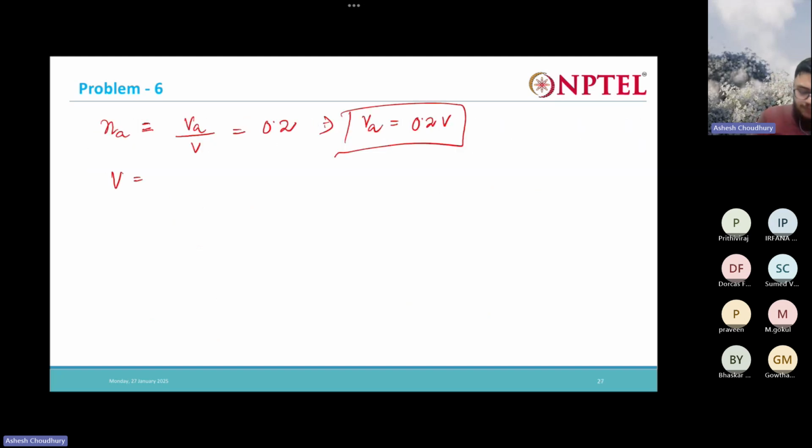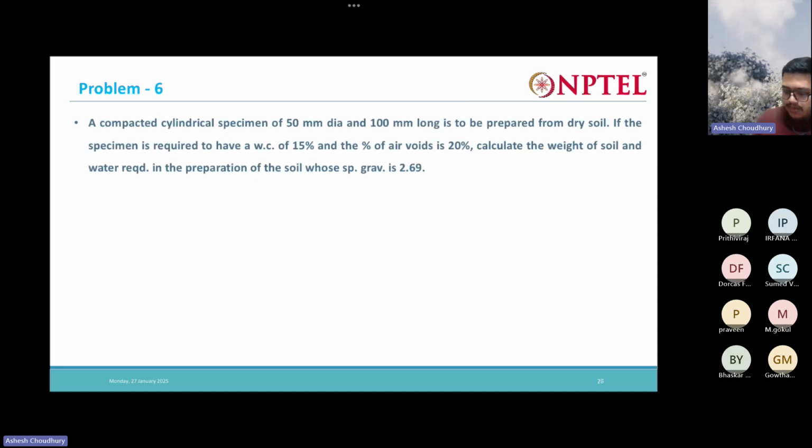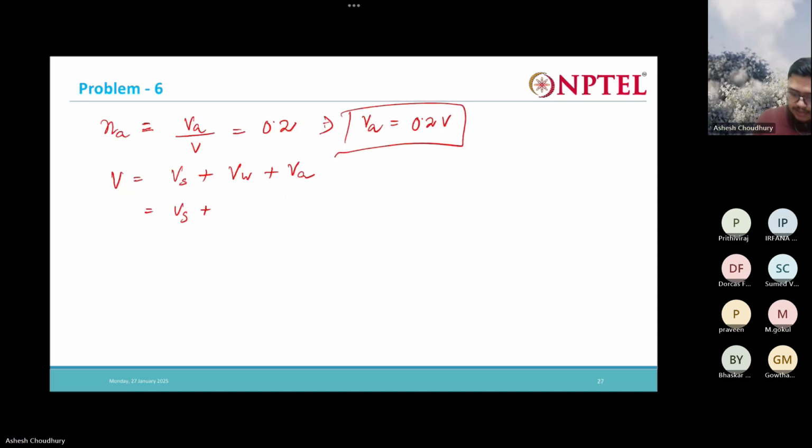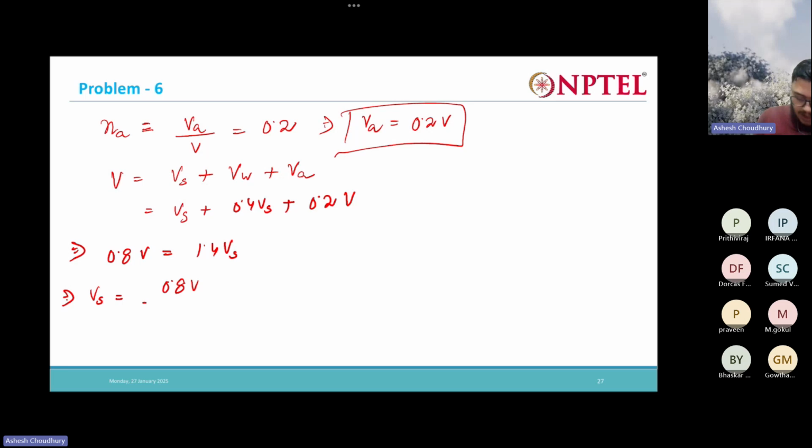Now what is the total volume? Total volume is volume of soil solids plus volume of water plus volume of air. So volume of soil solids plus Vw. What is Vw? 0.4 Vs. What is Va? 0.2 V. Now if I equate the sides, I will get 0.8 V is equal to 1.4 Vs. So from here I can write Vs is equal to 0.8 V by 1.4, isn't it?